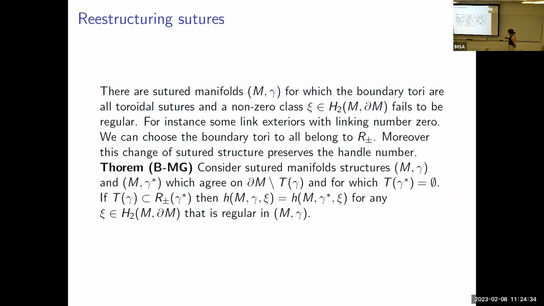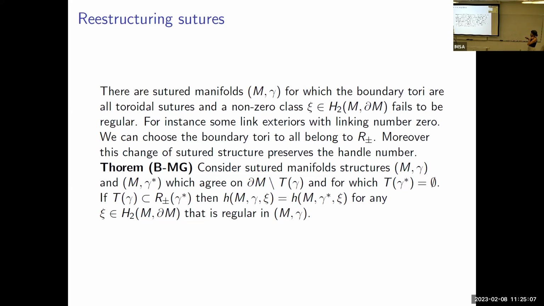Another thing that may happen is that there may be sutured manifolds with boundary tori for which all boundary tori are toroidal sutures, and a non-zero second homology class may fail to be regular.